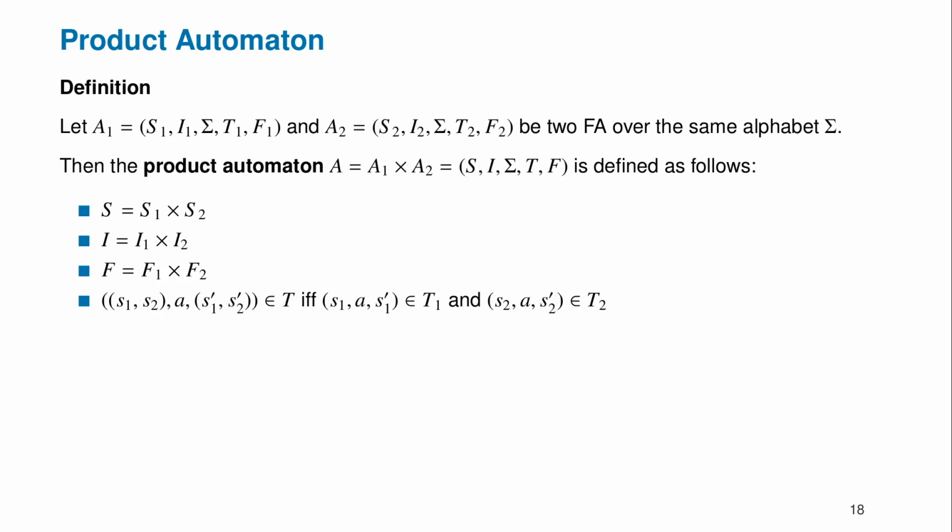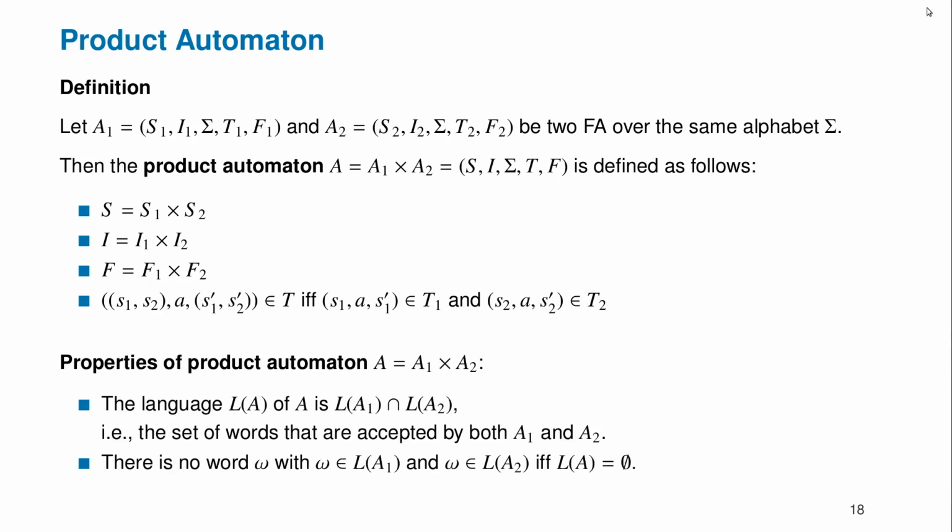Okay, and this construction gives us an automaton for which it is easy to show that the language of the product automaton is the intersection of the language of the first automaton with the language of the second automaton. So we have a description of the set of words that are accepted by both A1 and A2.